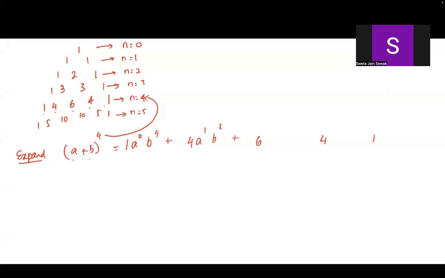And then the next one is a to the power of 2, b to the power of 2. Again, the power of a has increased by 1. The power of b has decreased by 1. And the next one is a to the power 3, b to the power 1. And finally, a to the power 4 and b to the power of 0.